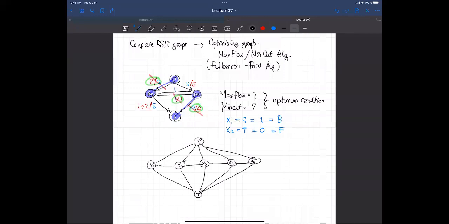To find the values for x1 until x5, you actually have to flow water, and your flowing water goes globally. I'm not sure what the path will be, but this will be a possible path. It means that to know x1, you need to consider x2, maybe x3, maybe x4. To find the optimal value of x4, you need to know the value of x3, x1, perhaps. So that's why this is called global optimization.